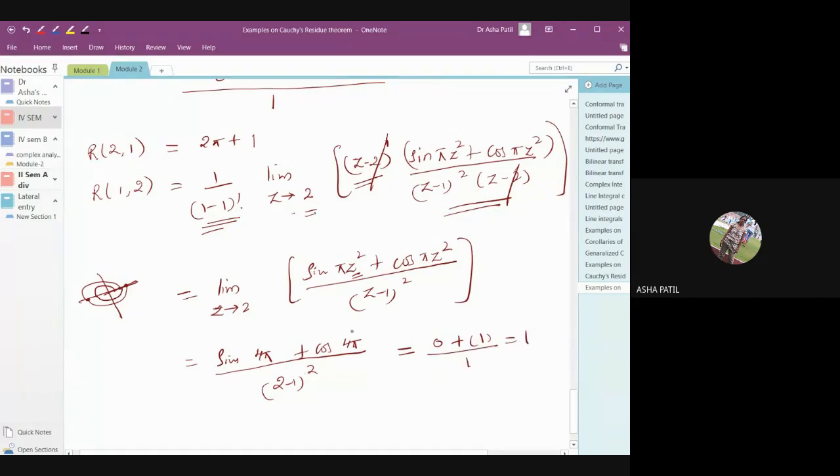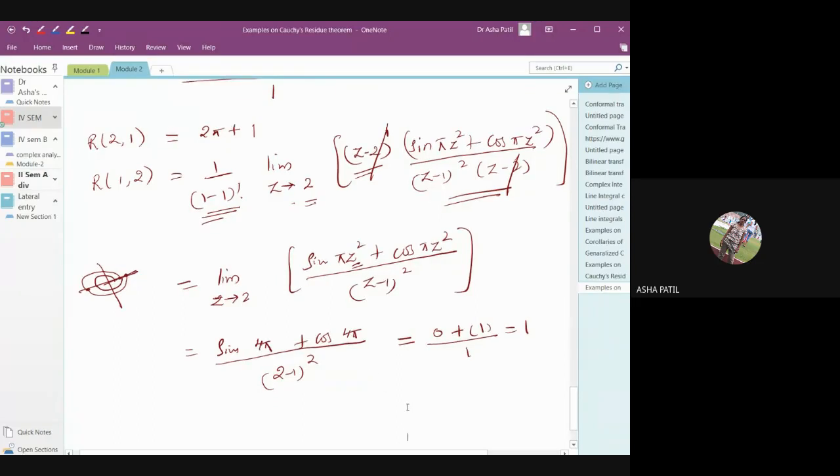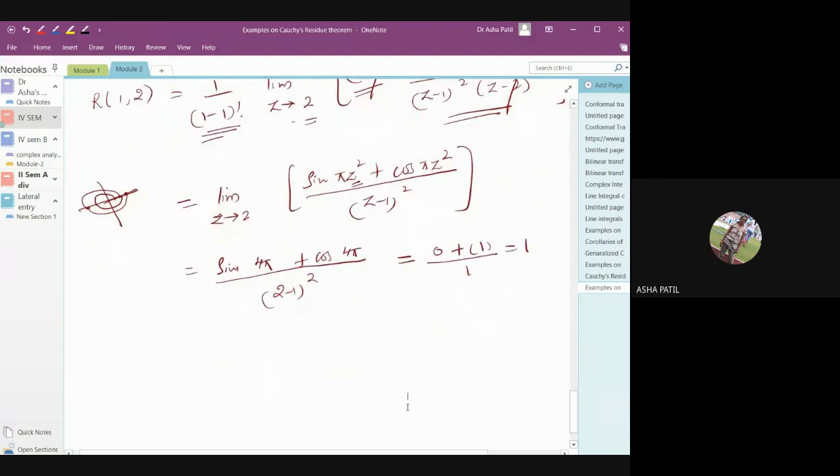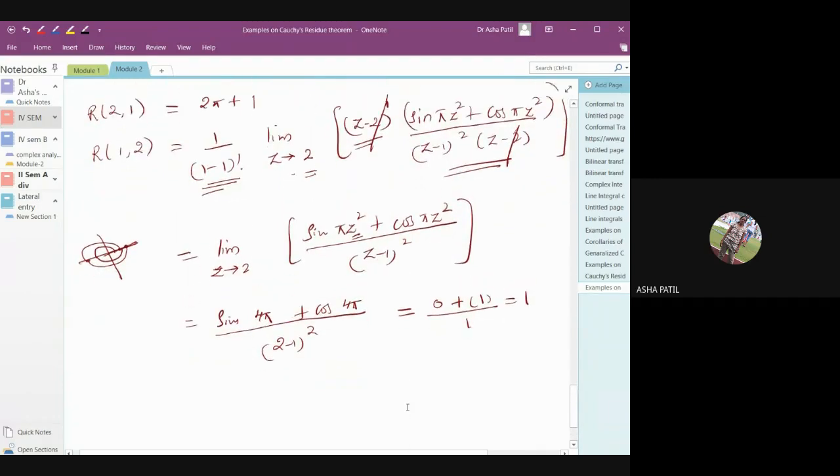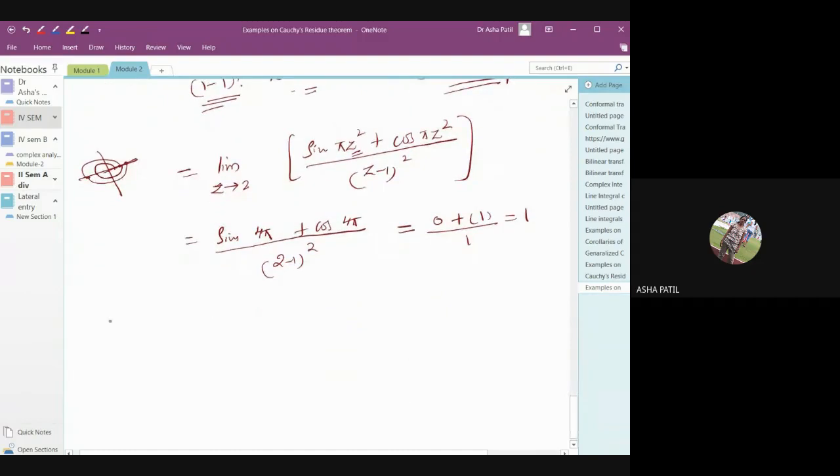Now write the answer as sum of both the residues multiplied by 2 pi i. What's the residue here in the other one? 2 pi plus 1. Integral C of sin pi z square plus cos pi z square divided by z minus 1 whole square into z minus 2.